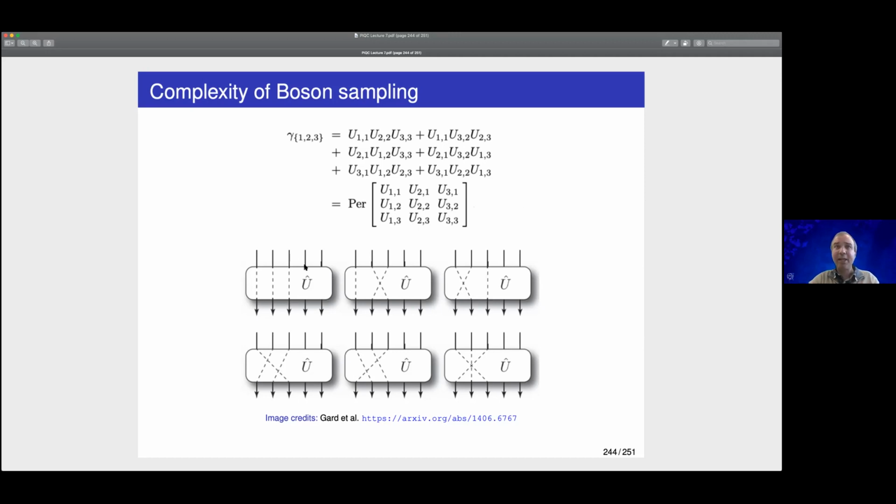And then in order to see the different possibilities that you can obtain for the detectors, depending on the photons that you input at the beginning, you need to compute the different paths that the photon can follow. And these different paths are related to the rows and columns of the unitary matrix and involve the computation of what is called a permanent, which again is difficult to compute classically. Estimating this or computing this would efficiently provoke a collapse of the polynomial hierarchy.